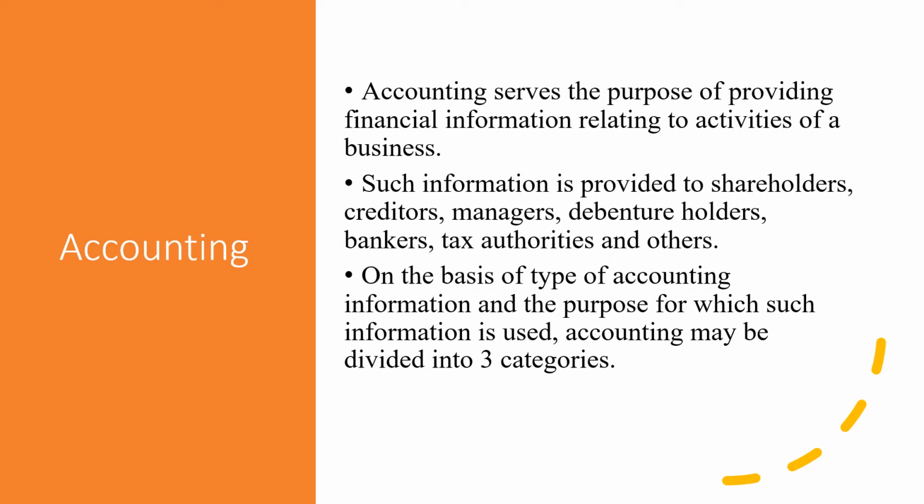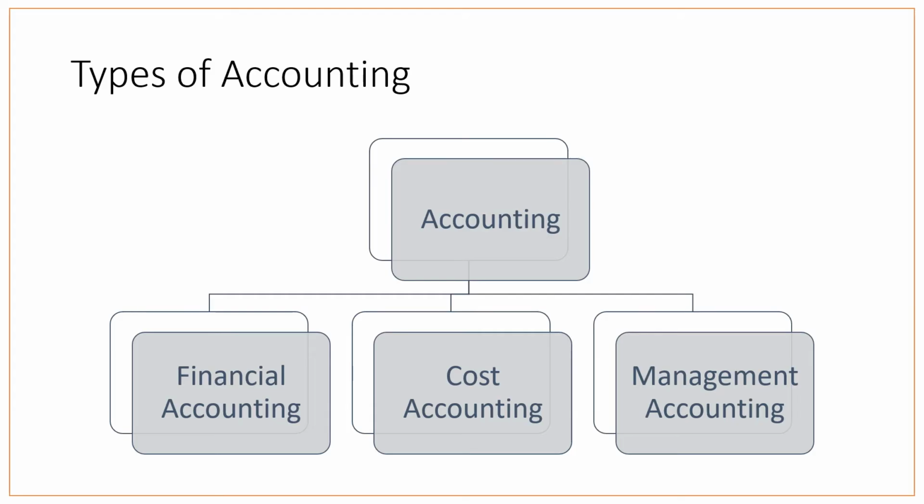And then on the basis of the type of accounting information and the purpose for which such information is used, accounting may be divided into three different categories. So let us see what are these three categories. These three categories are called financial accounting, cost accounting, and management accounting.